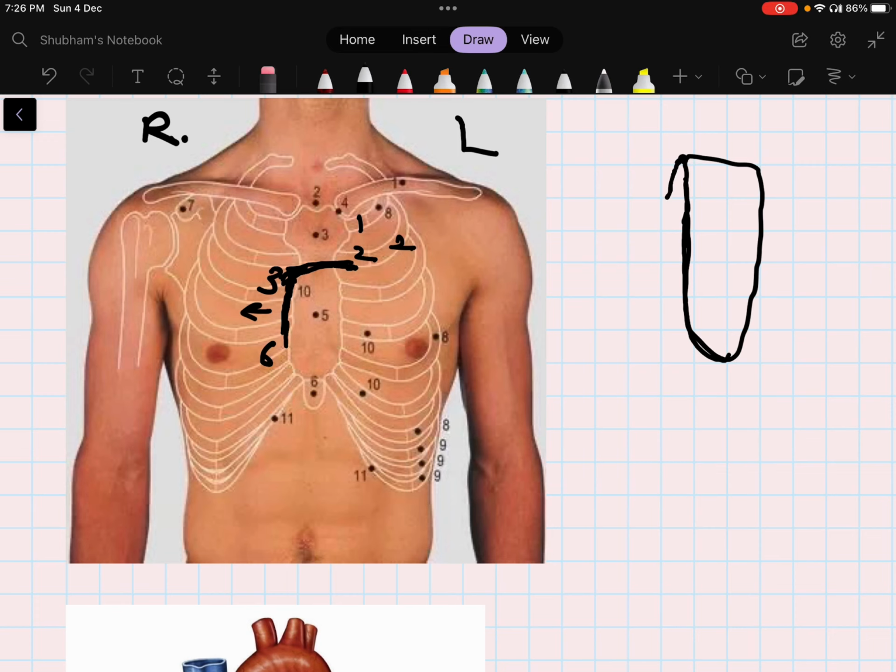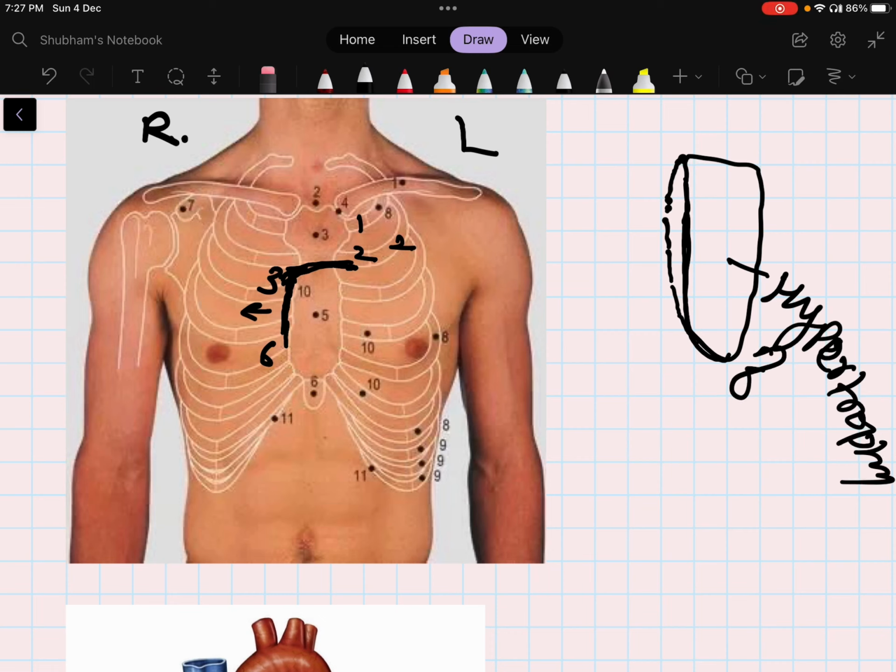If you are able to visualize the shadow of the right margin of the heart, then what you are seeing is a hypertrophic heart. Only in the case of hypertrophy of the heart, especially of the right side, will you be able to visualize the right border. Otherwise, it's hidden behind the sternum, under the sternum shadow.